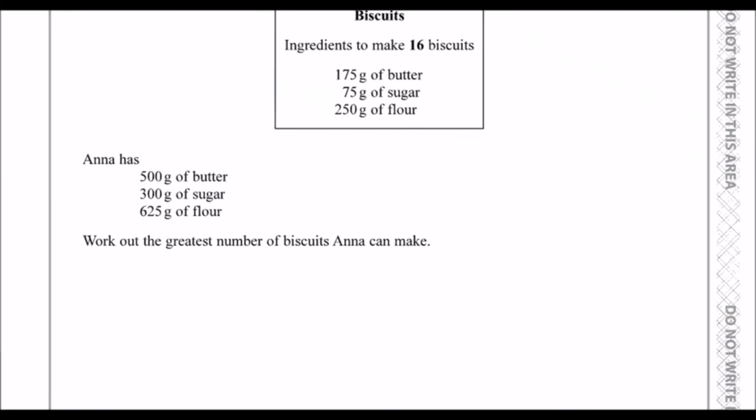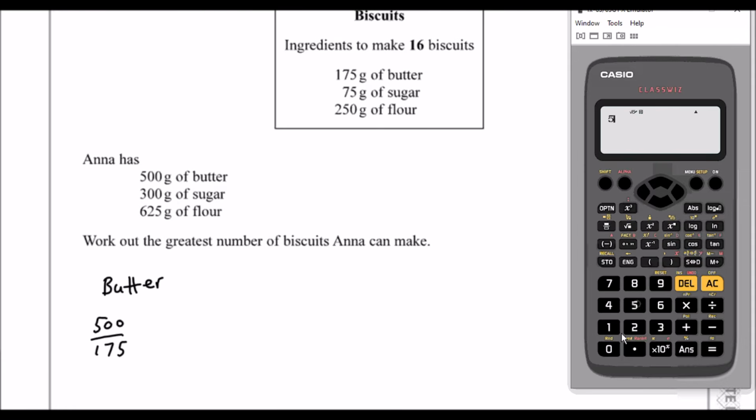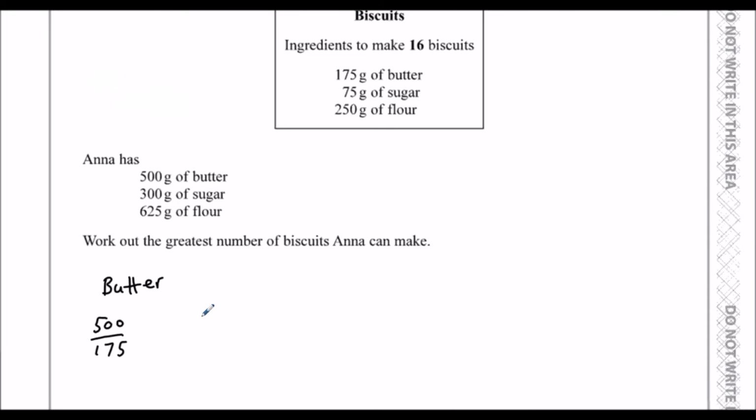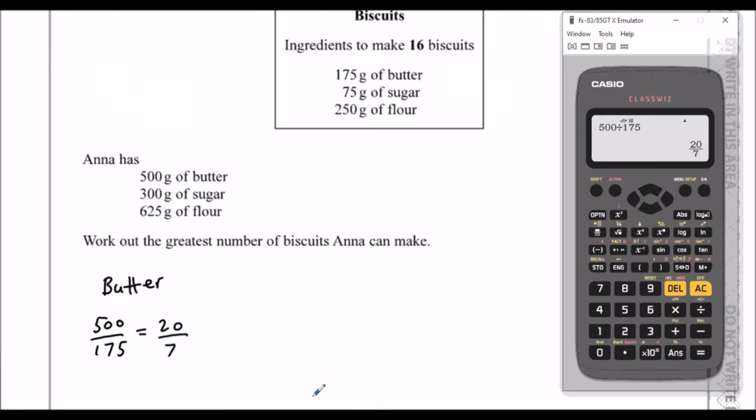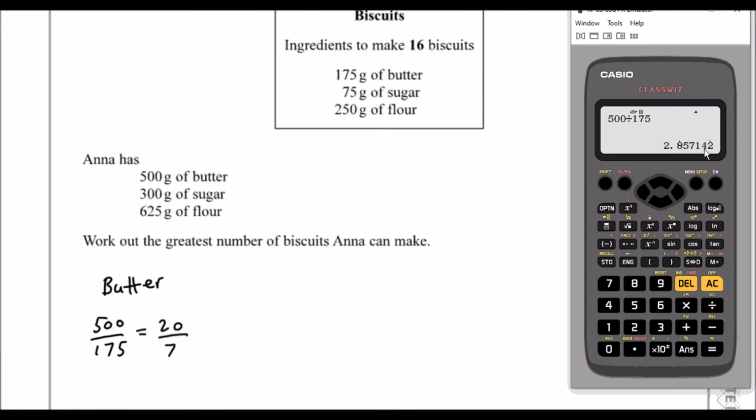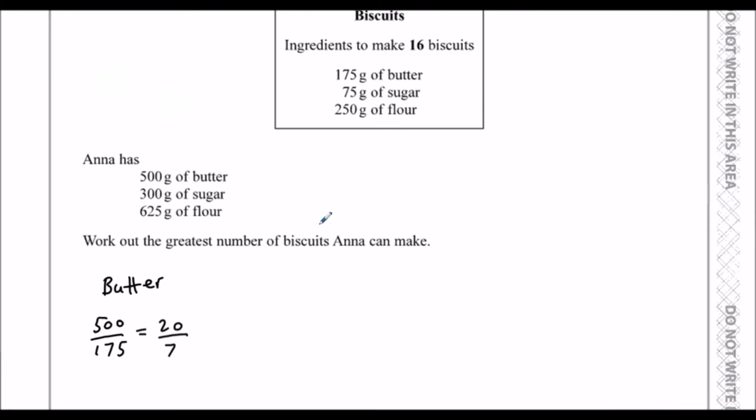So for butter, if we do 500 divided by 175, which will give us 20 over 7. So that's, she's got 2.8 times as much as this recipe.